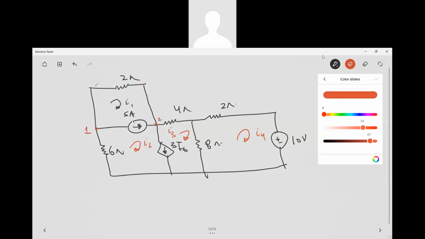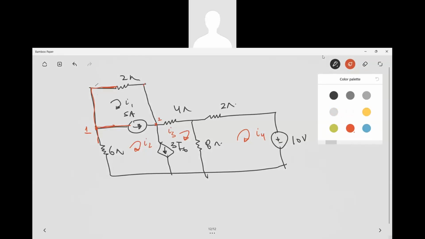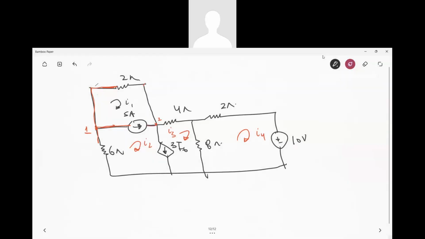Understood now? If this is 1, I'm just coloring it, so 1 remains still here. If the other one is 2, because potential in a node will remain the same, this part is 2. This part is your 3.